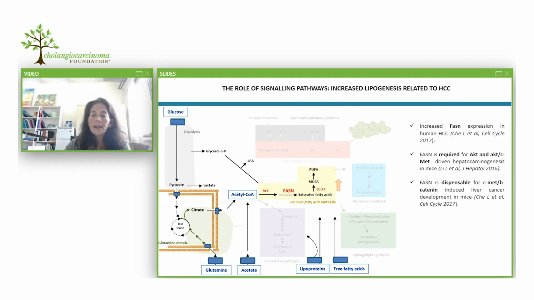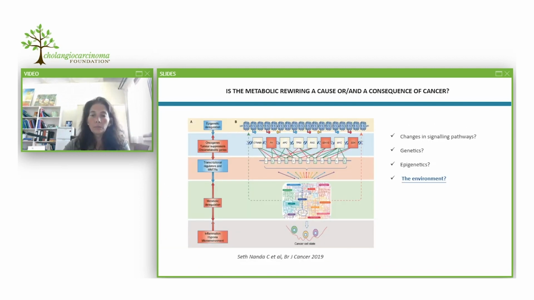The Calvisi group found that while fatty acid synthesis is required for AKT and AKT-c-MET driving hepatocarcinogenesis, it is dispensable for c-MET and beta-catenin-induced liver cancer, which tells us that depending on the signaling pathway that will be activated, the requirement for one or other metabolic pathway will be different. We don't know if this is happening also in cholangiocarcinoma.